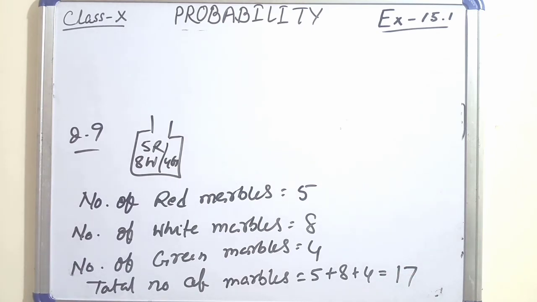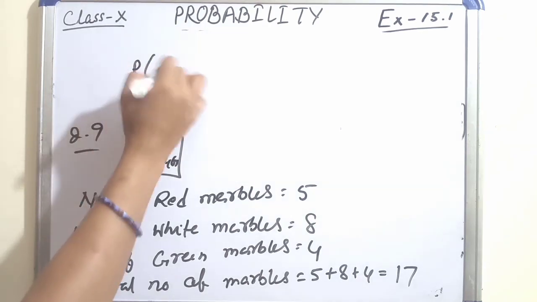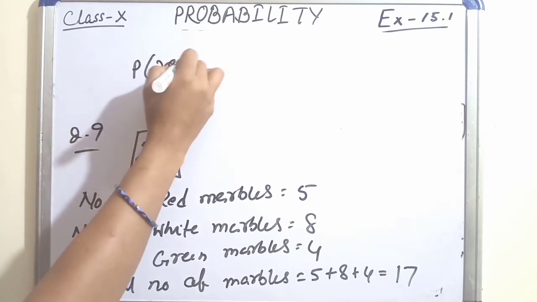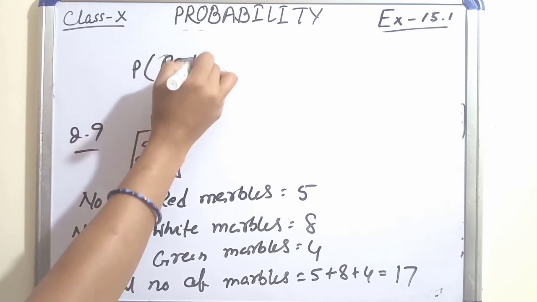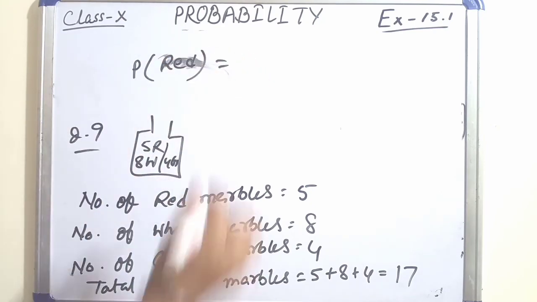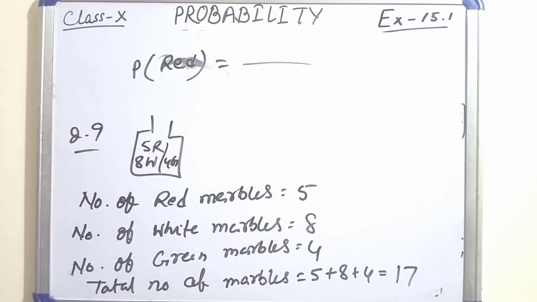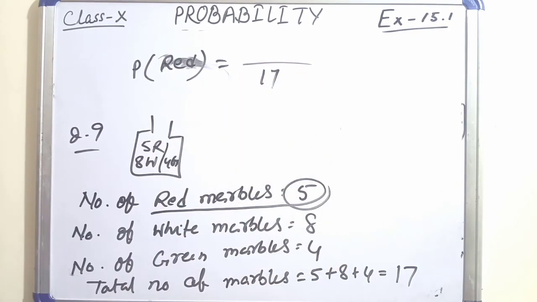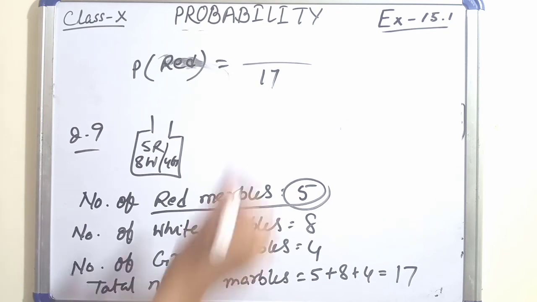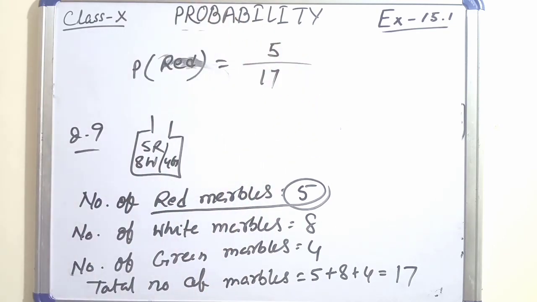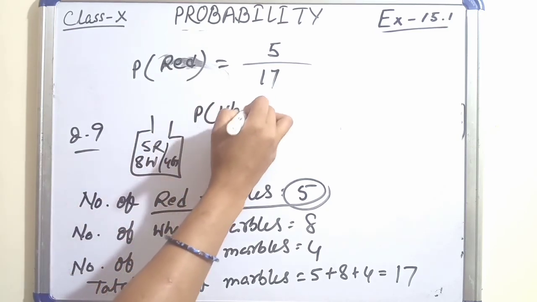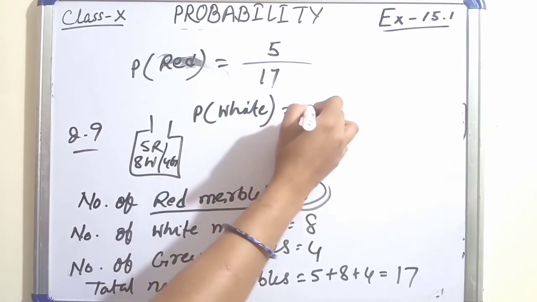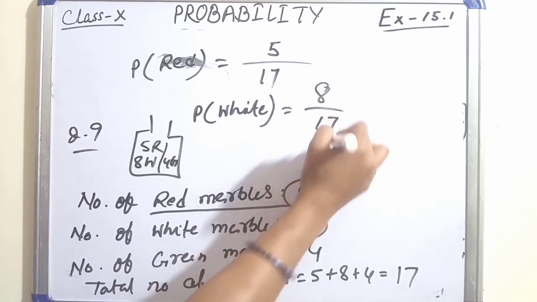Now you have to find the probability of red. Probability of red is equal to the number of ways an event occurs upon the total number of outcomes. Total number of outcomes is 17 and the number of ways the event occurs is 5. Similarly, probability of white is 8 upon 17.